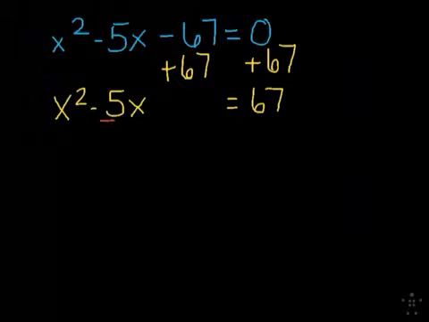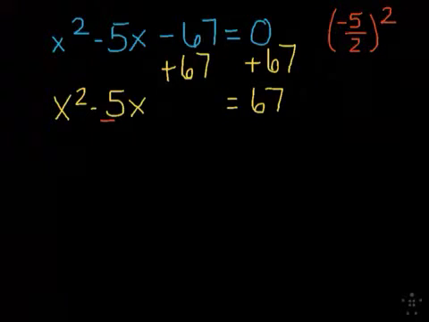So now we take half of the middle number and square it. So negative 5 divided by 2 squared. That is going to be a positive 25 over 4.